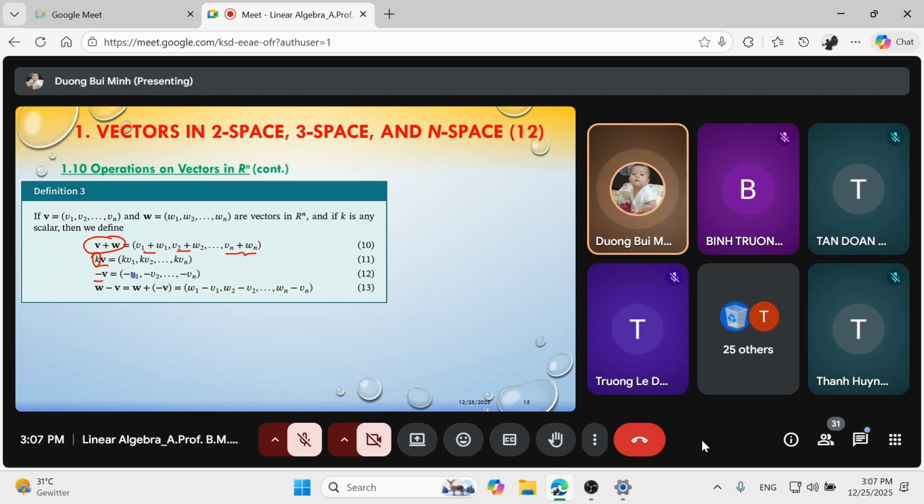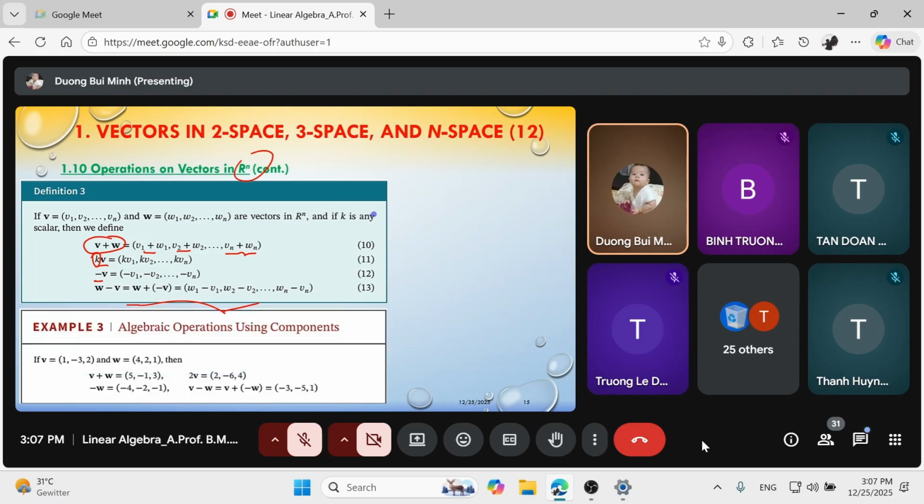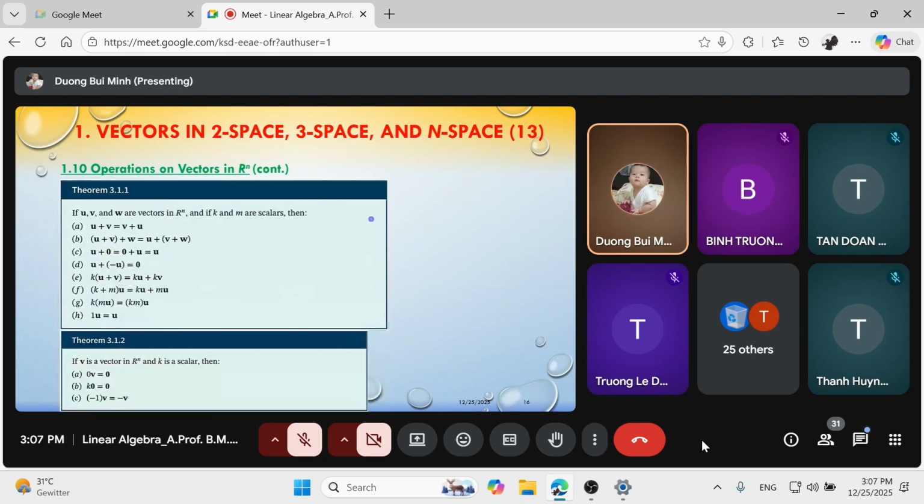Minus v, you get minus v1, and so on. Anyway, this is the definition of operations on vectors in Rn. And we have some properties. You need to study for yourself, very easy: distance, associative law, scalar multiplication, and so on.